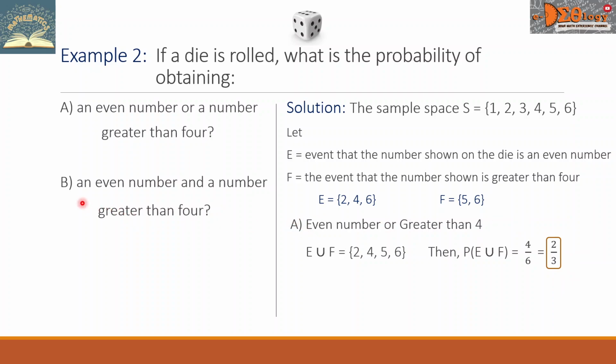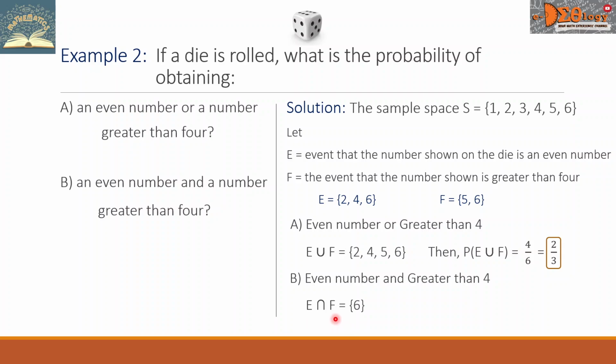Then we go to problem B. An even number and a number greater than 4. The word "and" here means the intersection. So in symbol, we have E intersect F. So we compare the sets E and F and we write the common value, and that is 6.